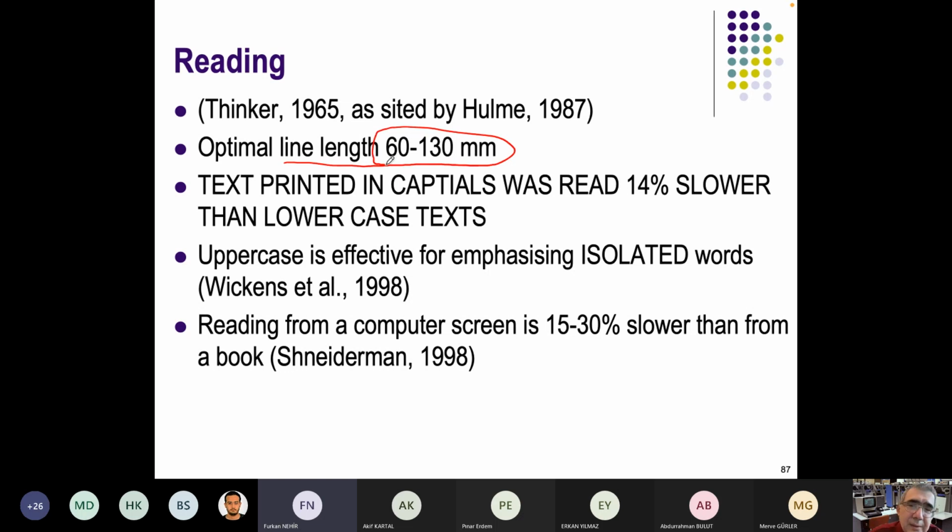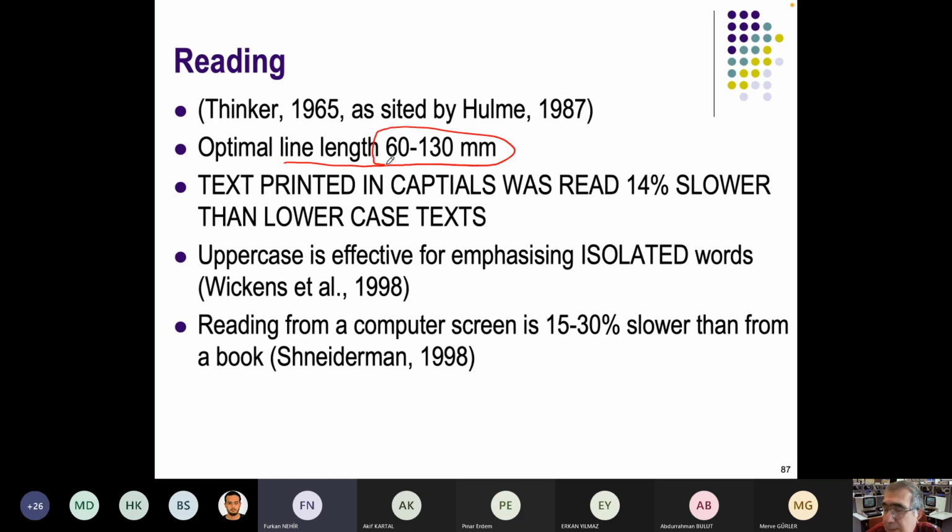Ben Shneiderman has done an experiment, and his student was also Turkish, and the experiment resulted in that reading from a computer screen was 15 to 30% slower than reading from the book, and that was in 1998.